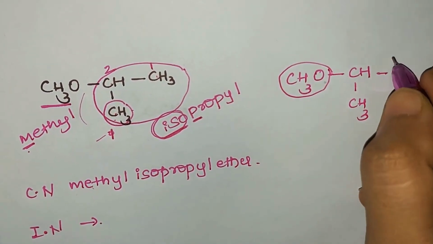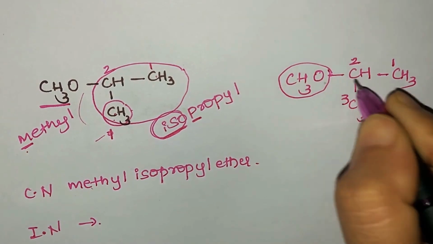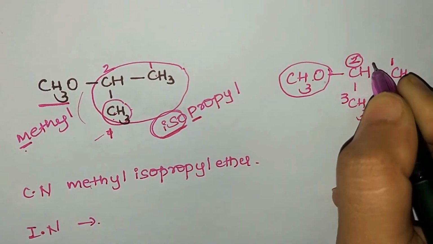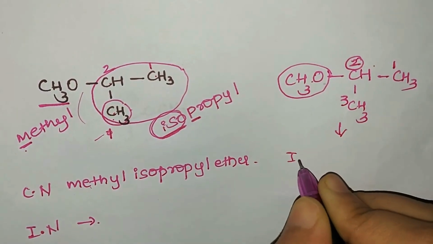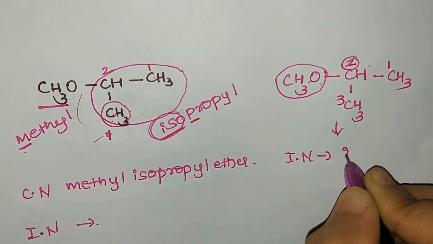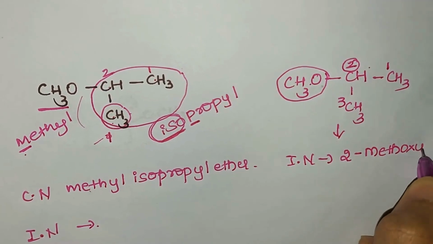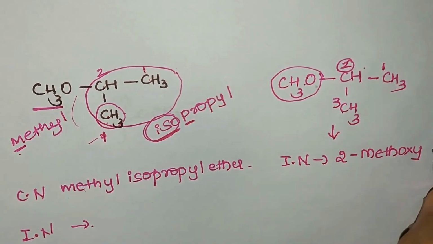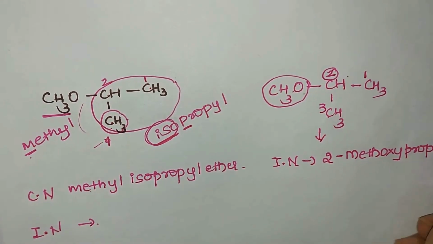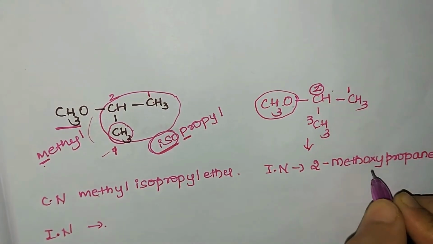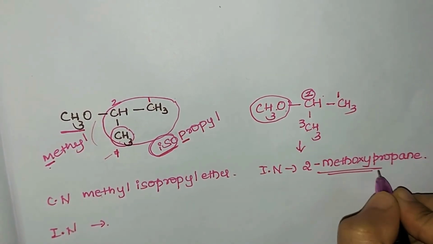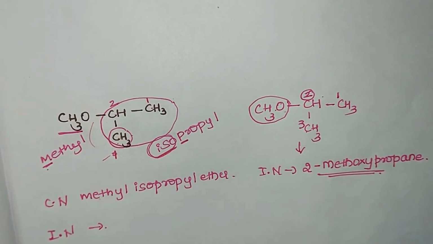What is the position of the substituent, the alkoxy group? That is 2. Hence the IUPAC name will have, on the second position, a methoxy group. So 2-methoxy. Overall there are 3 carbon atoms. Hence it becomes prop, and all are singly bonded. Hence it is ane. So the IUPAC name is 2-methoxypropane. We'll go with the next example.